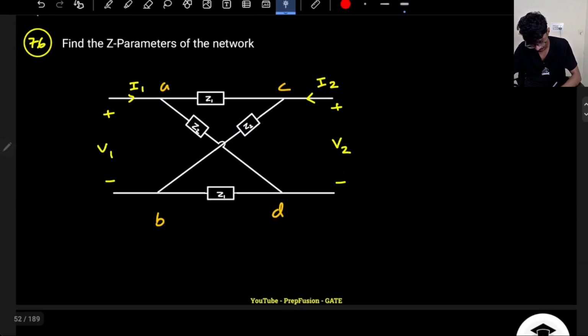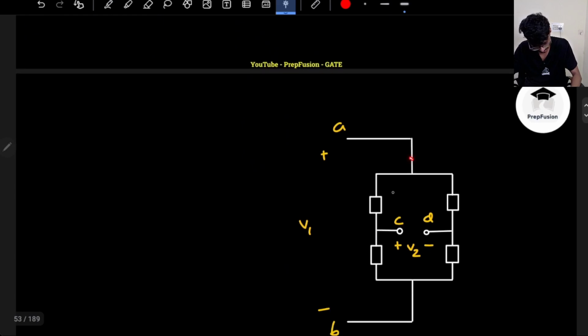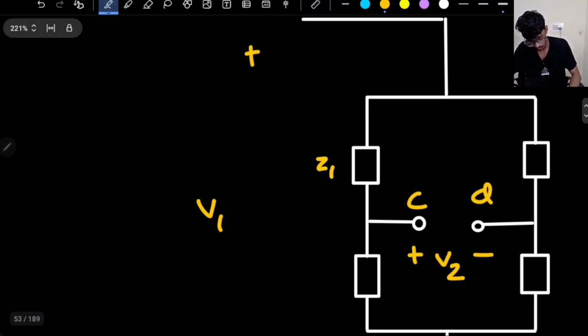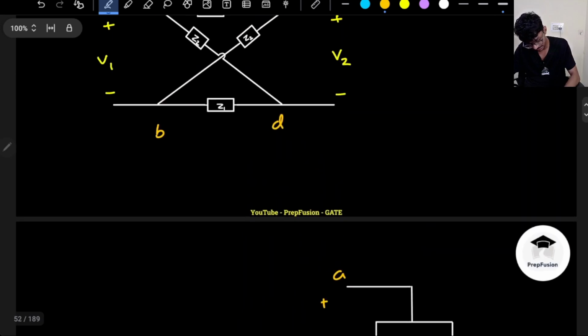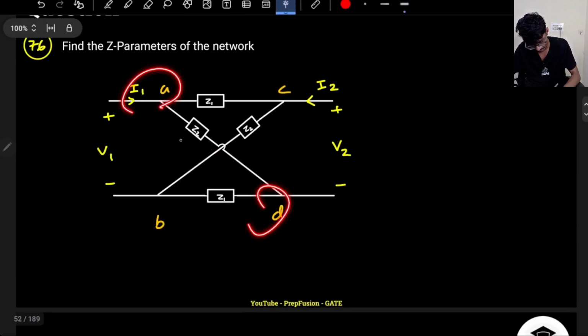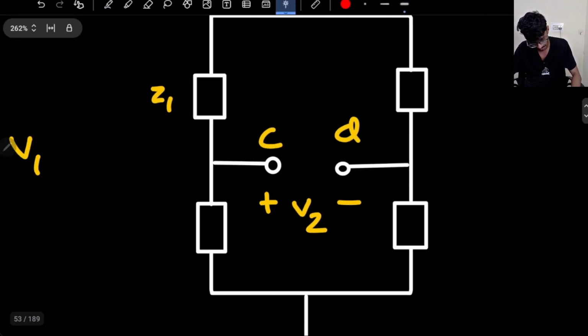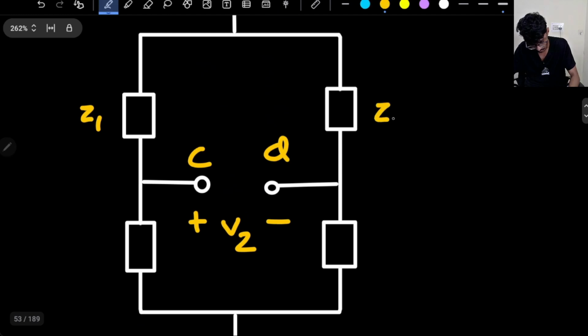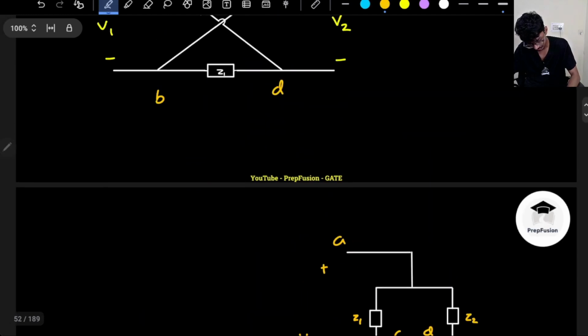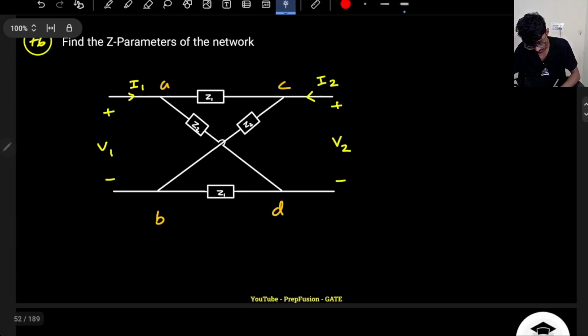Between A and C there is an impedance called Z1, so this will be Z1. Between A and D there is an impedance called Z2. Between A and B there is nothing. Between B and C there is an impedance called Z2.